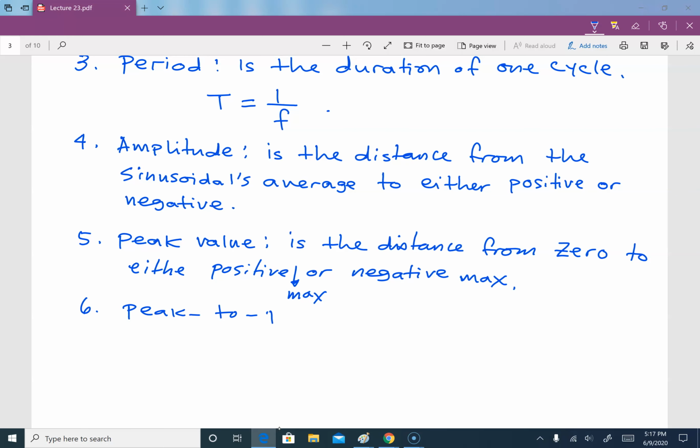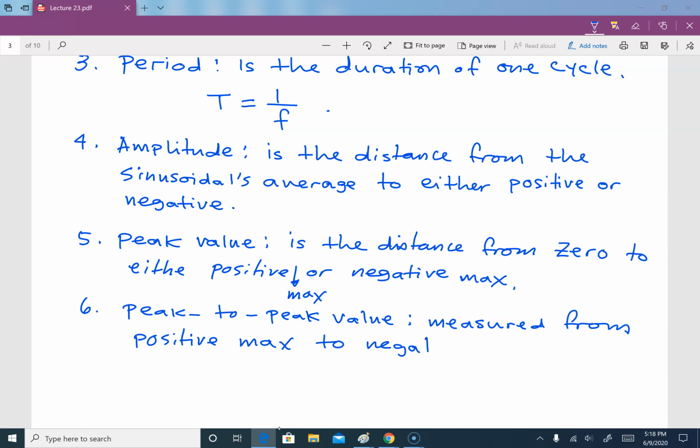The peak to peak value is measured from positive max to negative max. These are the definitions associated with a sinusoidal waveform.